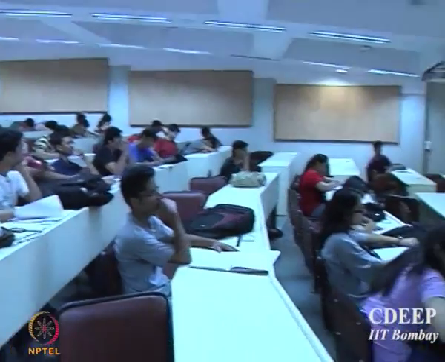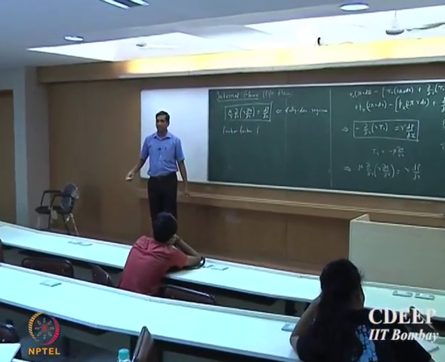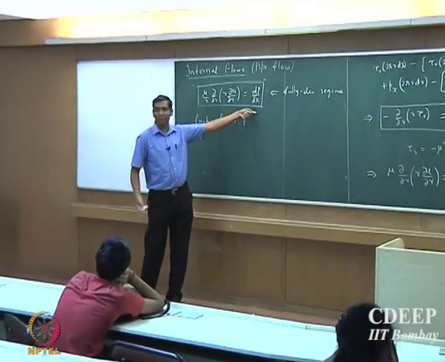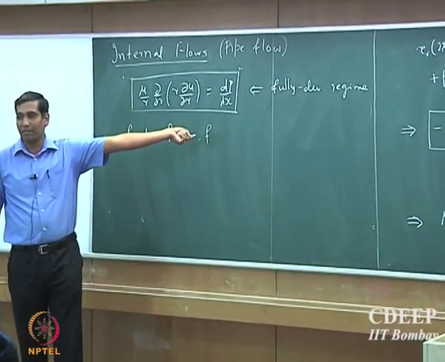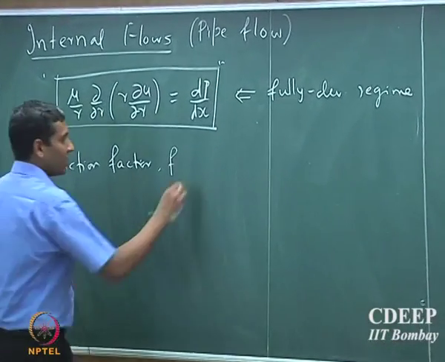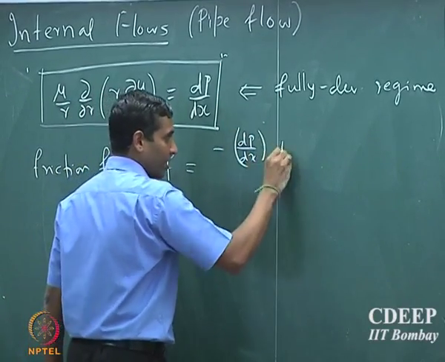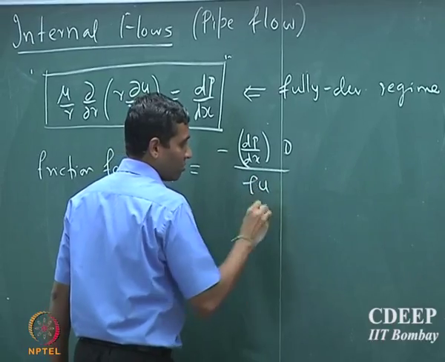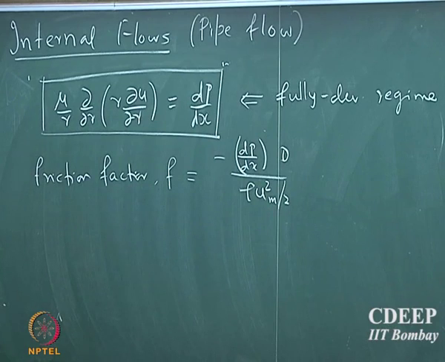So if you know the friction factor, friction factor is actually defined as f. Friction factor is actually related to the pressure gradient in the fully developed regime. So if you know the friction factor, then you should be able to estimate the pressure gradient. So that's given as minus dp by dx into d divided by rho um square by 2. So that's the friction factor.